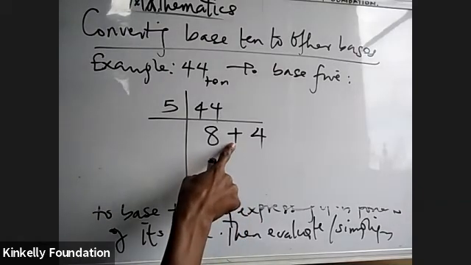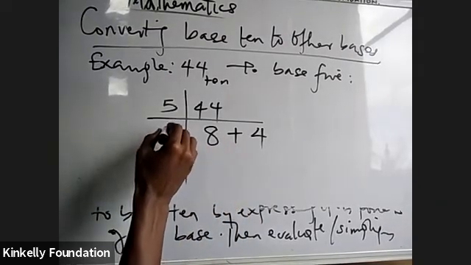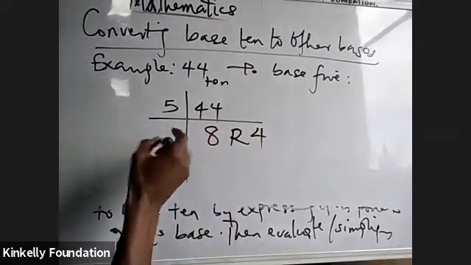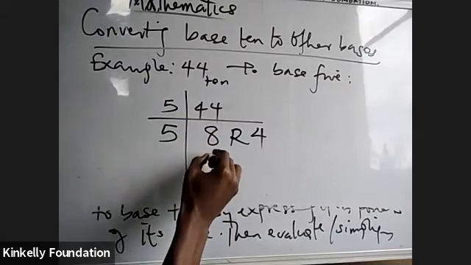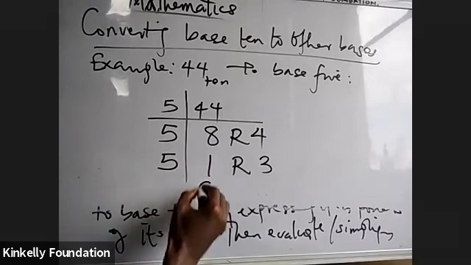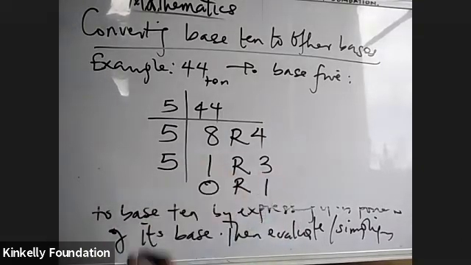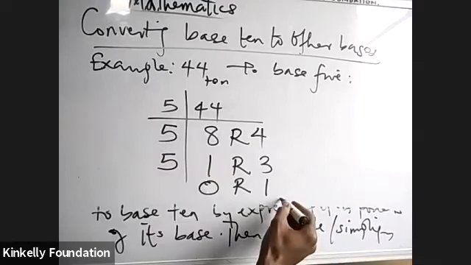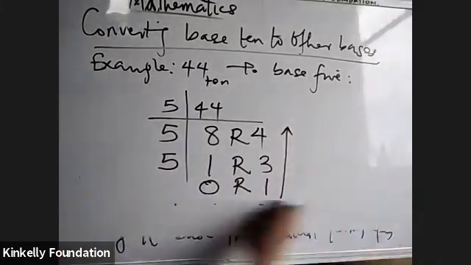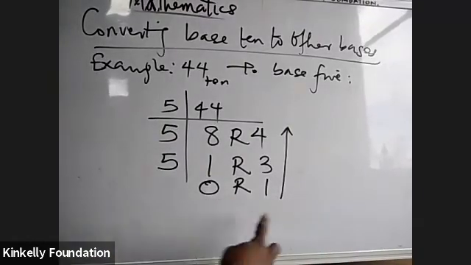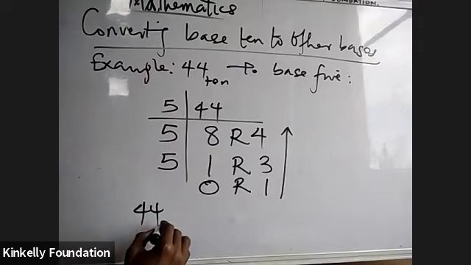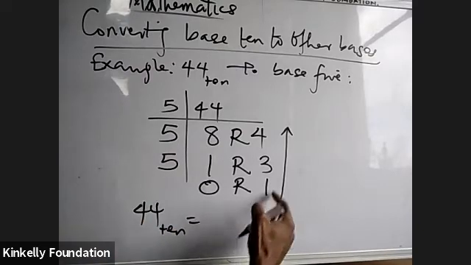Some people use R; let me use R. Now, we have 5 into 8, you have 1, remaining 3. 5 into 1 is 0, remaining 1. So you take it from down and go up. You count it from down and move up. So taking it from the down part up, 44 base 10 will give us 134.